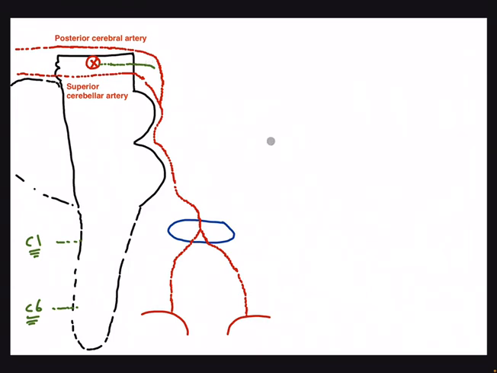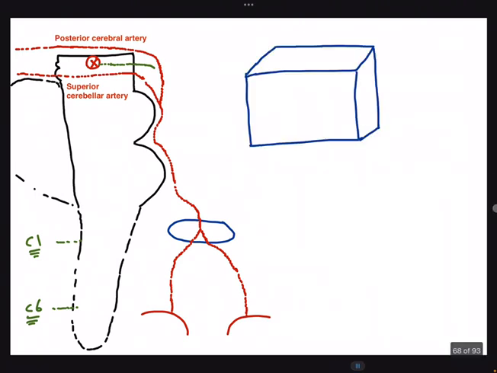This is one. The second point is, here we have the cavernous sinus. As we know, the cranial cavity is divided into three areas: the anterior cranial fossa, the middle cranial fossa, and the posterior cranial fossa.